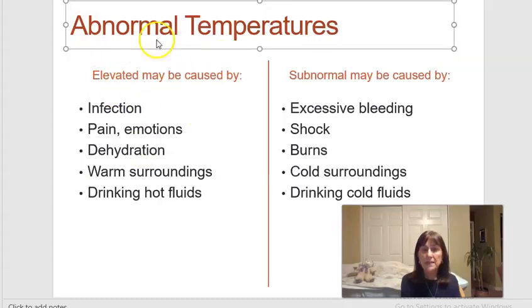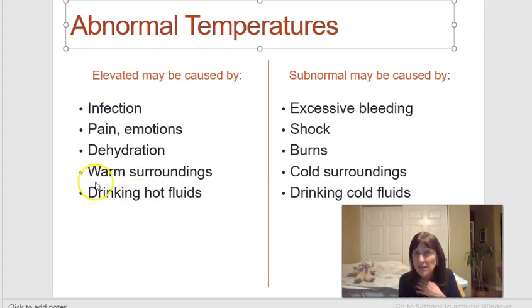So elevated temperatures would be abnormal, anything that's not in the normal. And if they're elevated or high, it is usually caused by infection. However, pain could cause it to go up a little higher. You're stressing your body out, it's working harder.